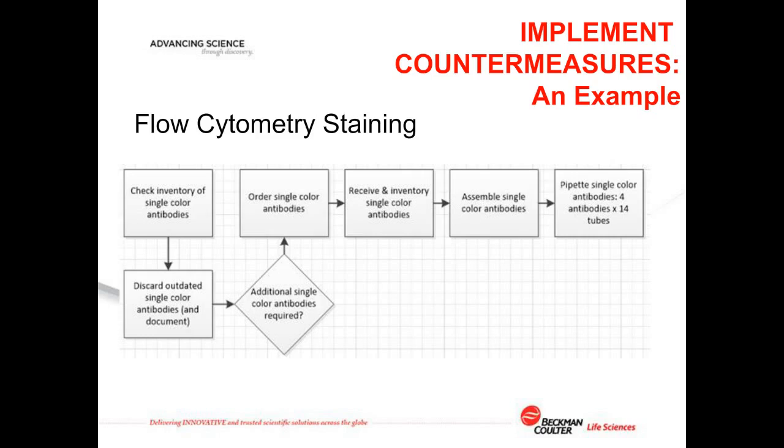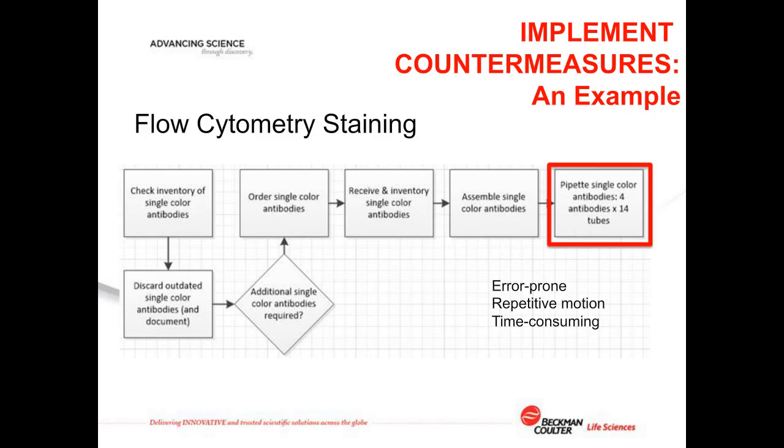So if you look at this, anywhere along here, I could identify sources of waste around any of the steps in this process. But in this case, I'm highlighting this last one, this pipetting of single-color antibodies, because this is actually a lot of work because it's error-prone.